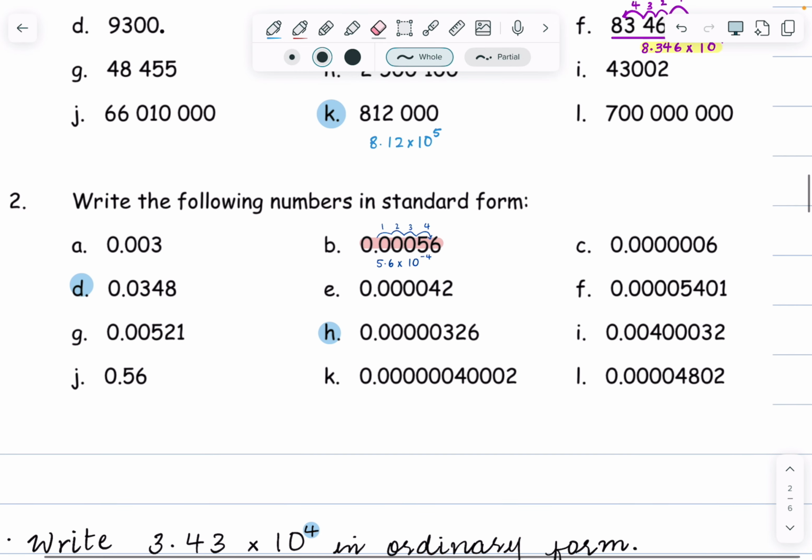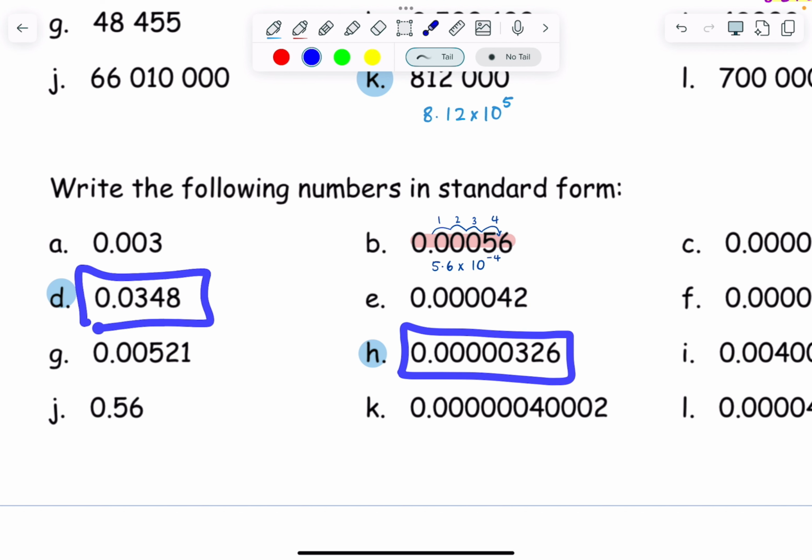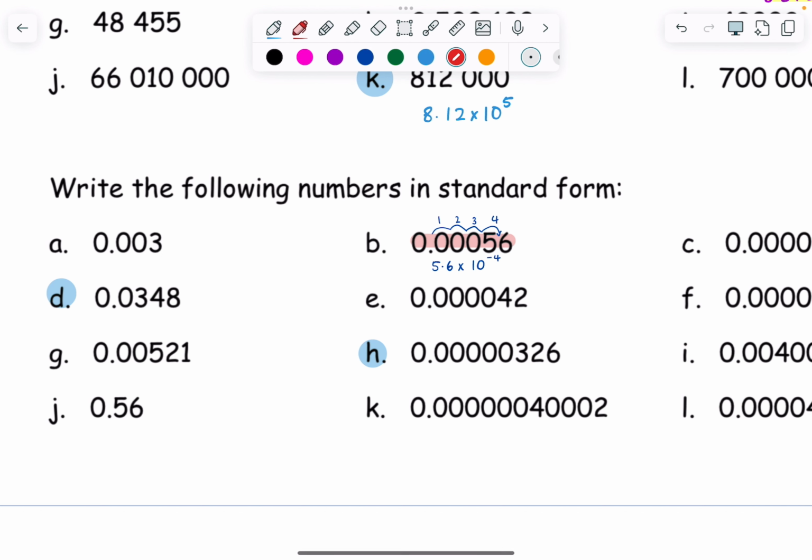Why don't you try the H part and D part? Good luck. Once you have the answer, you can let me know.